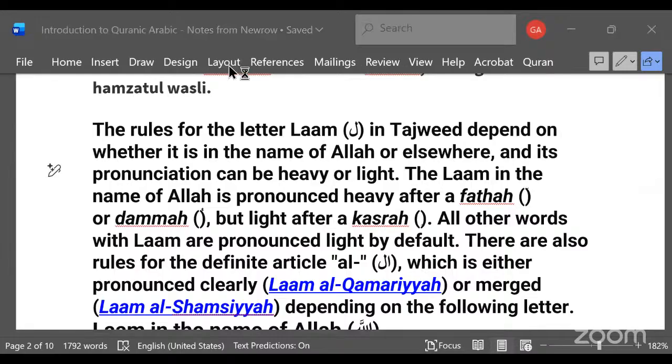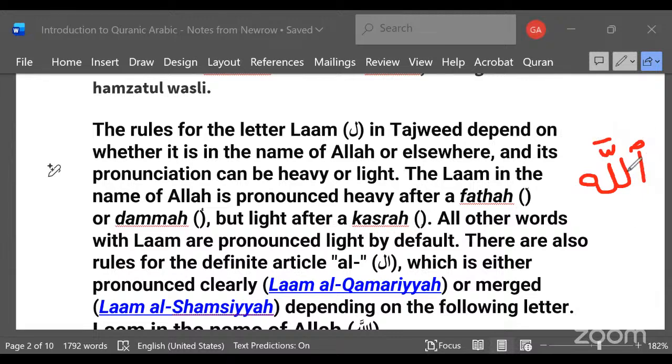So this is Allah. Hamzatul Wasl, lam, lam, ha. The second lam has shadda.